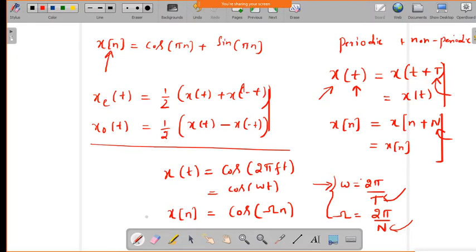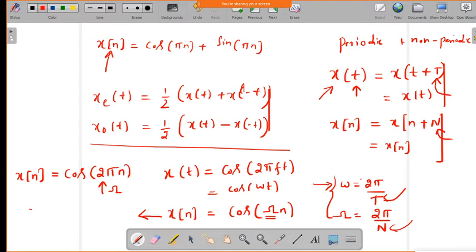In the discrete time case, what will happen? If your ω is a rational multiple of 2π, then you can say that signal is a periodic signal. If you take x(n), I will take an example, say x(n) = cos(2πn). Now ω = 2π.